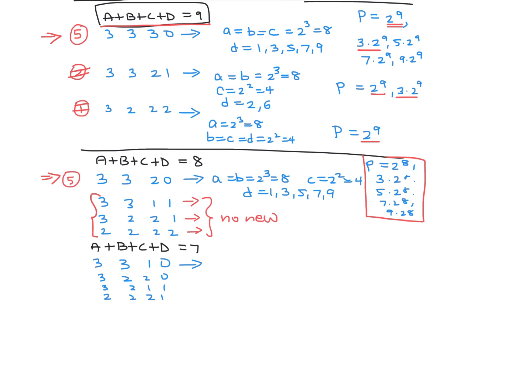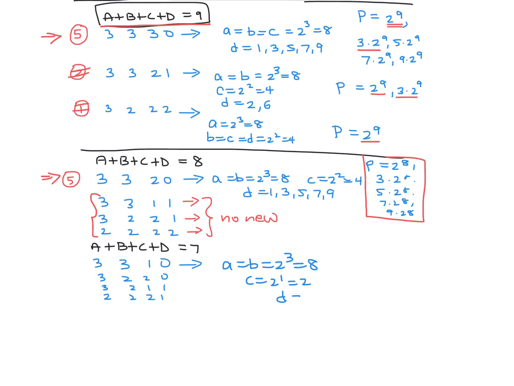And then for this last one, let's see here. The 3, 3, 1, 0: a will be equal to b, which is 2 to the power of 3, which is 8, and then c is 2 to the power of 1, which is just 2. And then d, of course, is either 1, 3, wait, hold on.